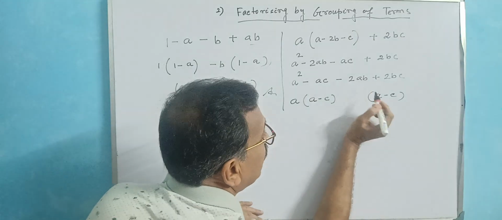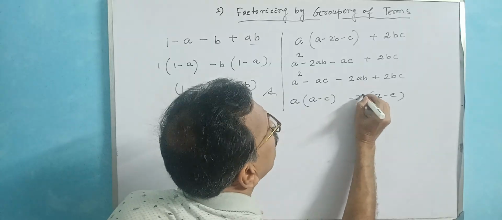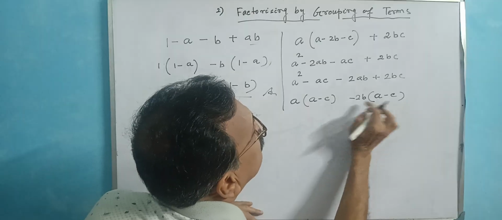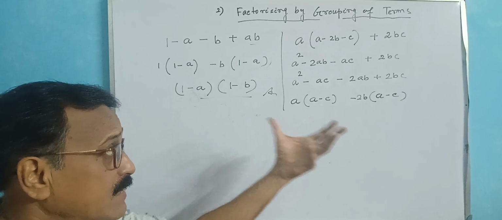Here is 2ab and minus, so minus 2b is common. If you multiply minus 2b by a minus c, minus minus plus, you see 2bc has come. So that is actually the common.